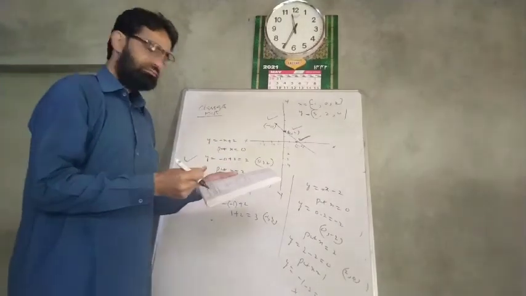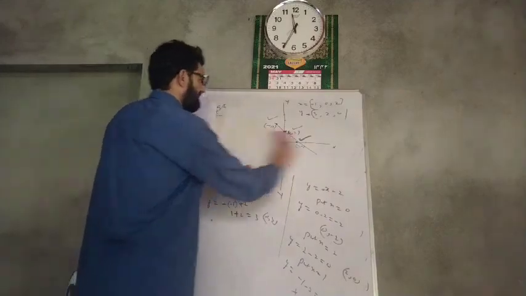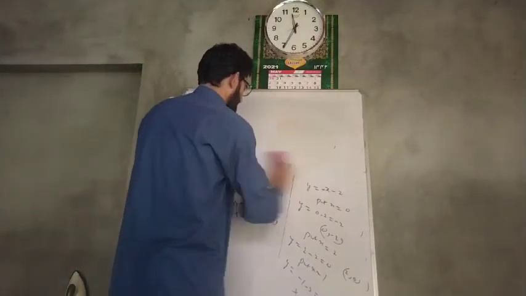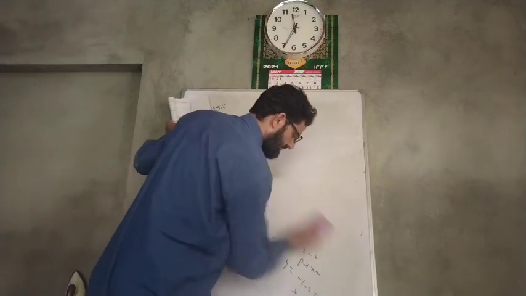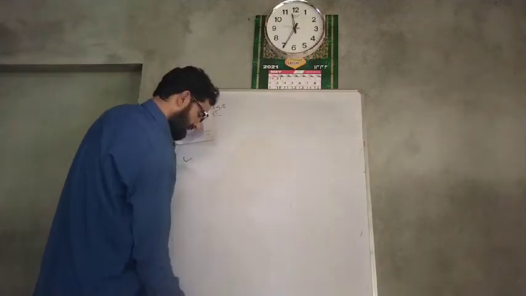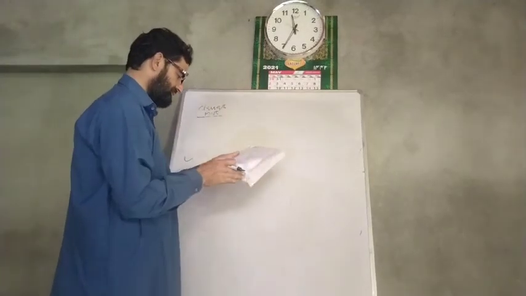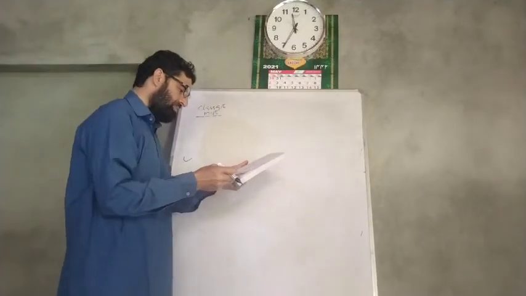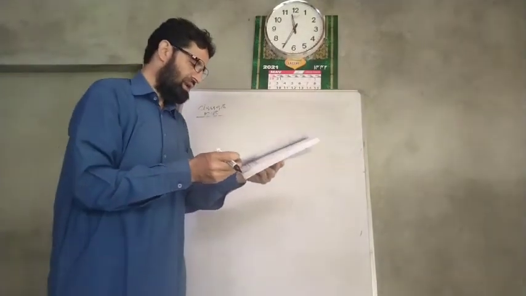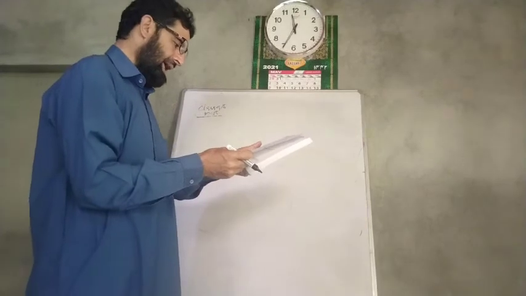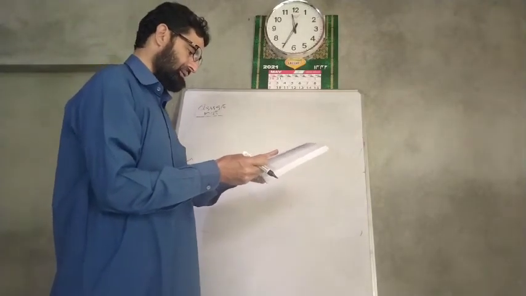Now the next question is: the work done by a body on application of a constant force is directly proportional to the distance traveled by the body. Express this in the form of a linear equation in two variables, and draw the graph of this.